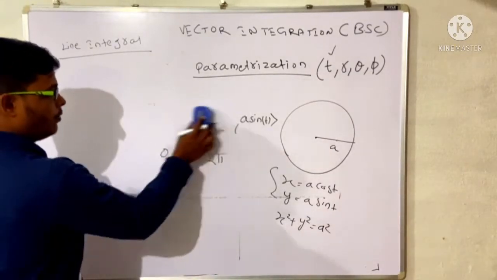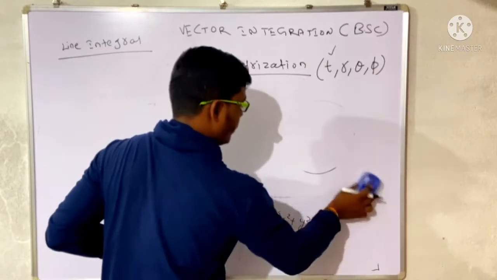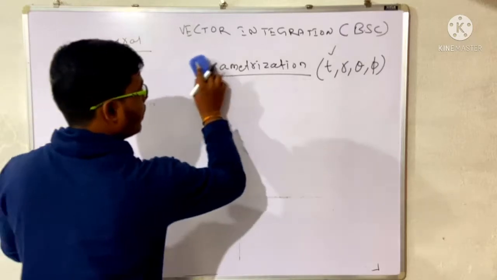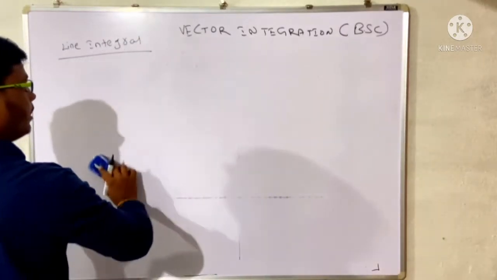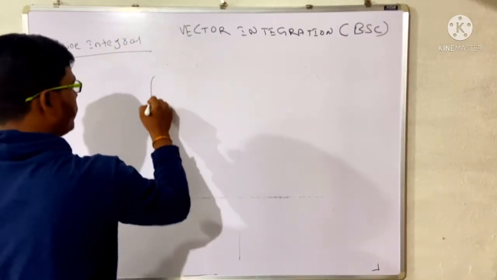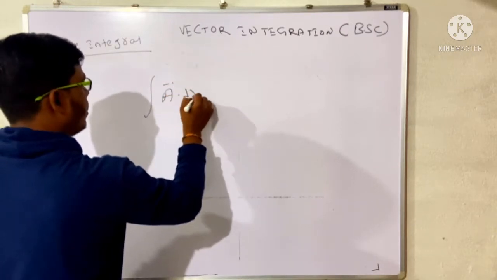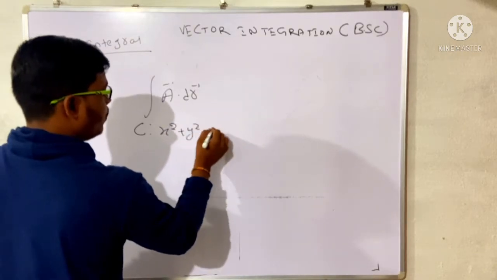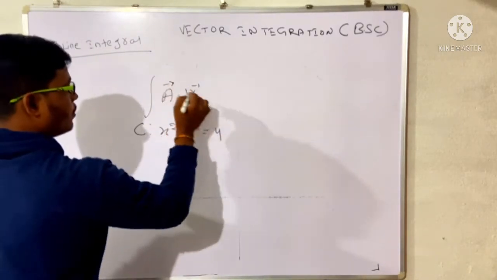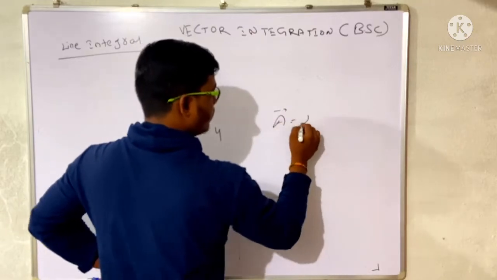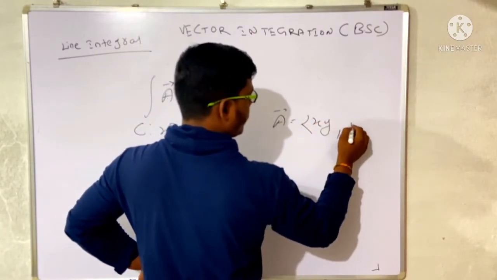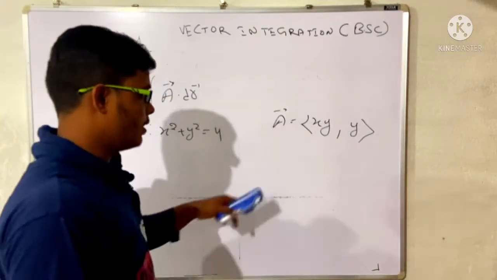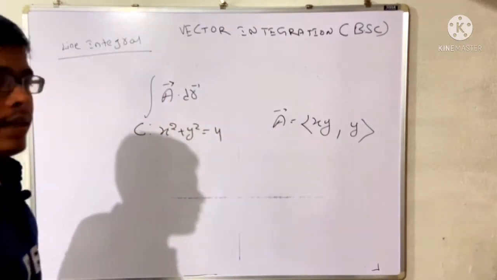So you can solve this using the line integral. Then how will we solve the line integral? Your parameterization is over for the line integral. Now suppose A dot dr is given and the path is a circle, x square plus y square equal to 4. And your vector A is given as xy i cap plus y j cap. So this is a 2D vector field given to you, xy and y.